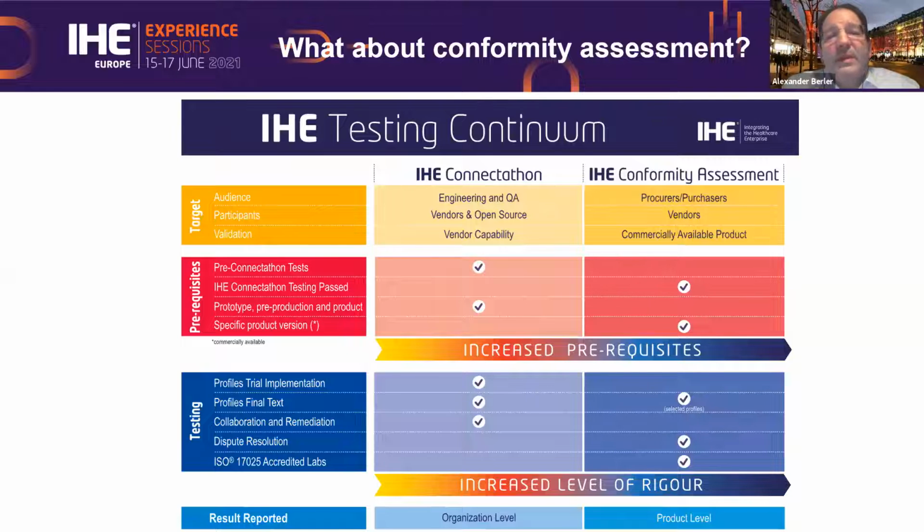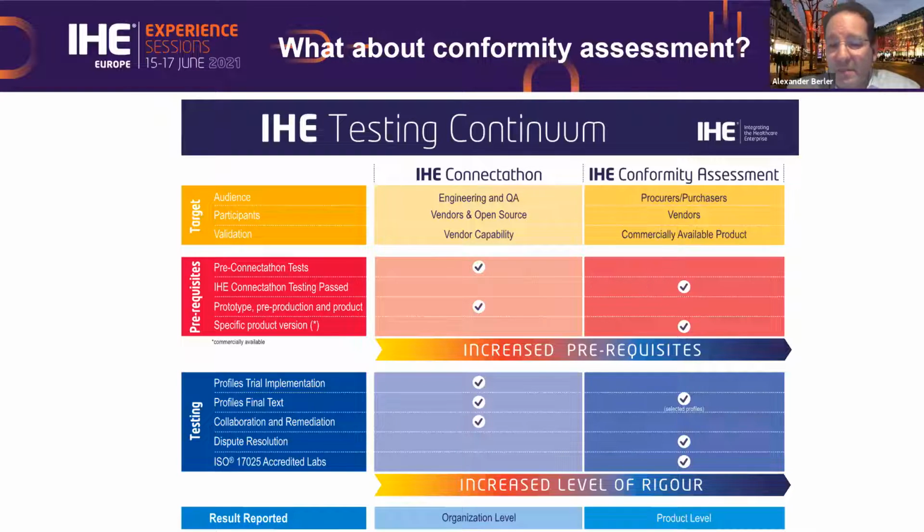Conformity assessment is targeted to specific products that are commercially available, while in a Connectathon that can be a prototype. And the test report that is delivered is more thorough, based on very specific mature IHE profile specifications that can be imported into Gazelle, which is the testing platform.